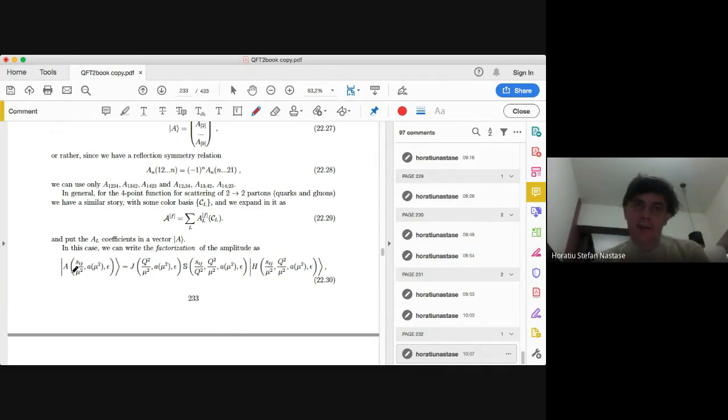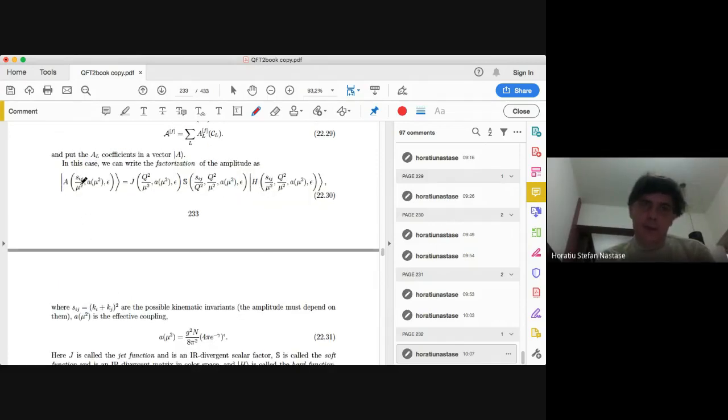The amplitude vector will depend on ratios of momenta with mu squared. What momenta? The generalized Mandelstam invariant (ki + kj) squared, that I call Sij, divided by mu squared.